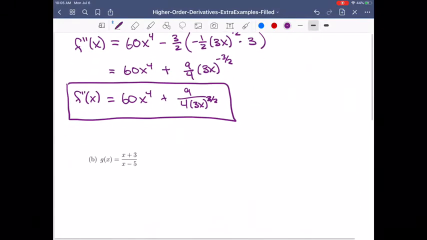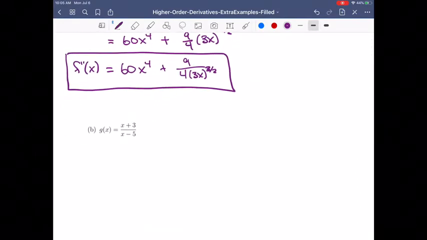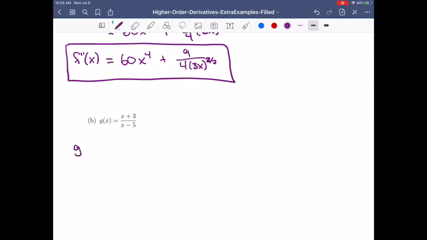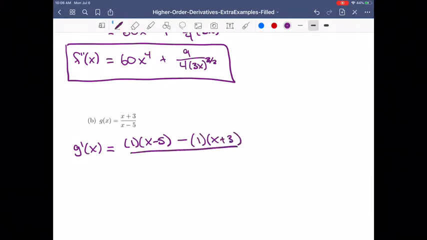Okay, let's try another one. So g of x is x plus 3 over x minus 5. When I compute g prime of x, I'm going to use the quotient rule. So it's the derivative of the top, which is 1, times the bottom, x minus 5, minus the derivative of the bottom, which is 1, times the top, x plus 3, all over the bottom squared.